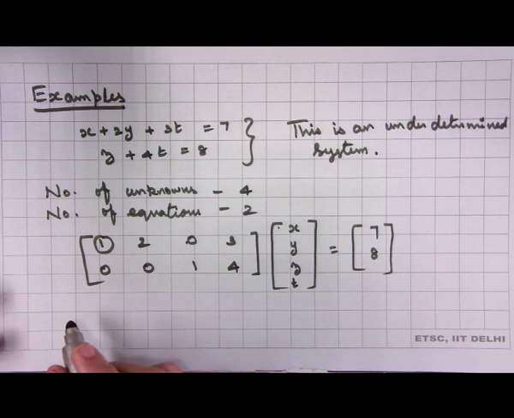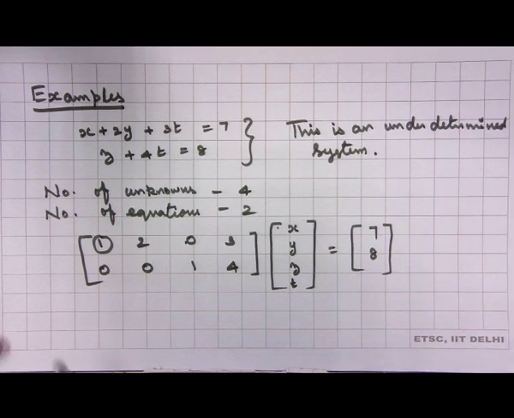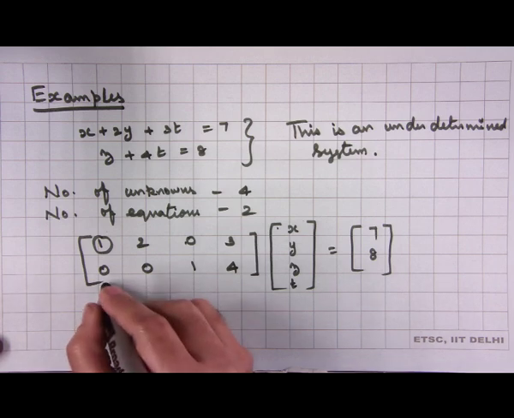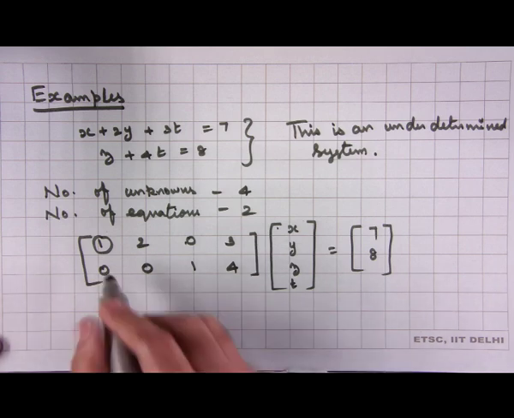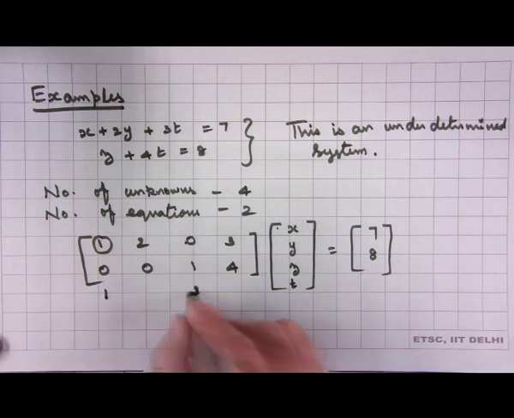Now, how to solve this system? What are the solutions for this system? Wherever there is a 1 with zeros, we will call the variables corresponding to these positions, that is, positions 1 and 3, the dependent variables.